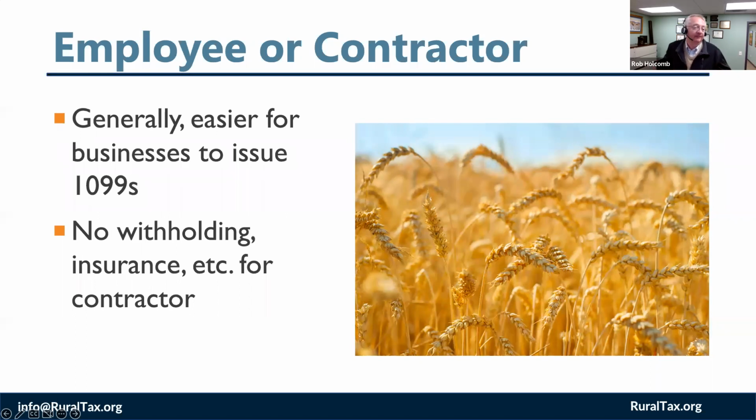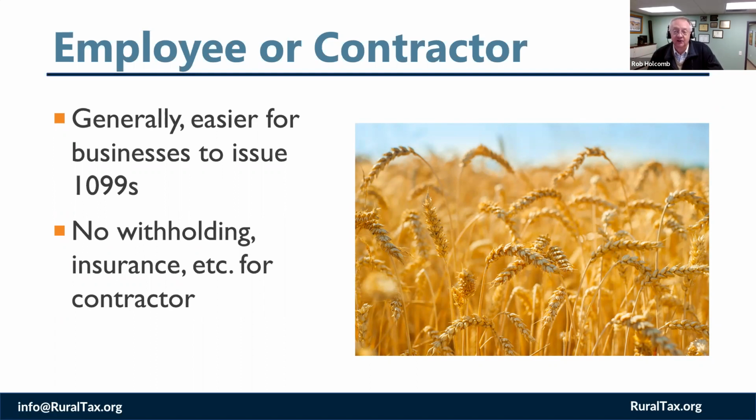Generally speaking, the motivation with farmers, and it makes sense, is that 1099s are just a whole lot easier. You don't have to do federal withholding. You don't have to do FICA. You don't have to do Medicare. You don't have to mess around with state withholding, and you don't have to make quarterly or monthly tax deposits.